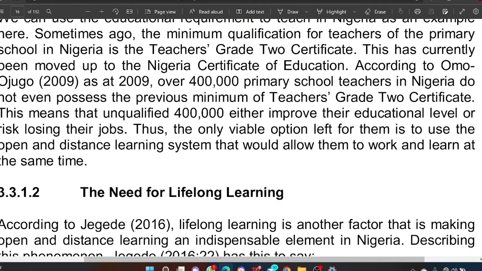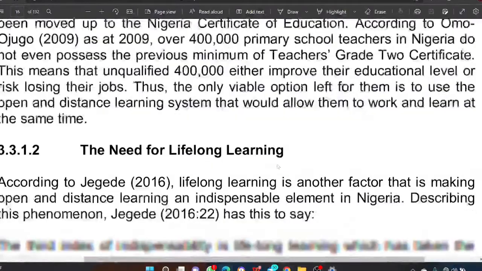As at 2009, over 400,000 primary school teachers in Nigeria did not even possess the previous minimum of teacher's grade 2 certificate. This means that these unqualified 400,000 must either improve their educational level or risk losing their jobs. Thus, the only viable option left for them is to use the open and distance learning system that would allow them to work and learn at the same time.